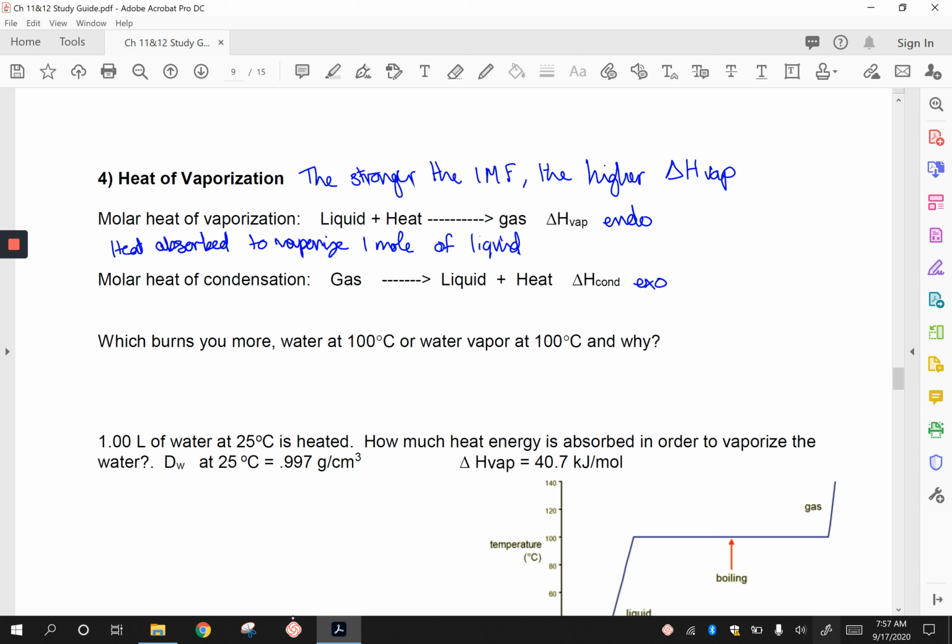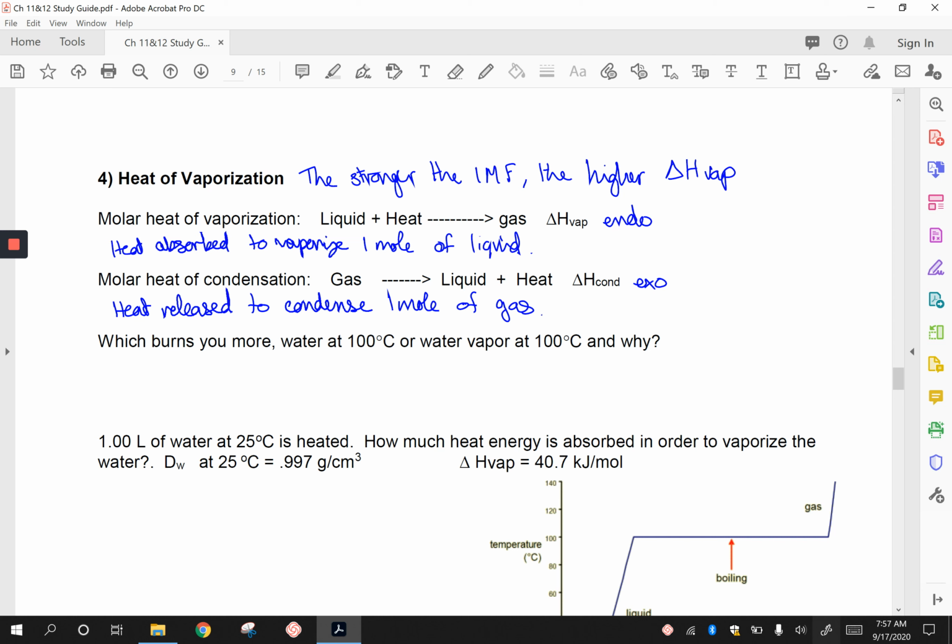And the molar heat of condensation is the heat that is released to condense 1 mole of gas to turn it into a liquid. The heat of vaporization and the heat of condensation for the same substance should be exactly the same number. The only difference is the sign.